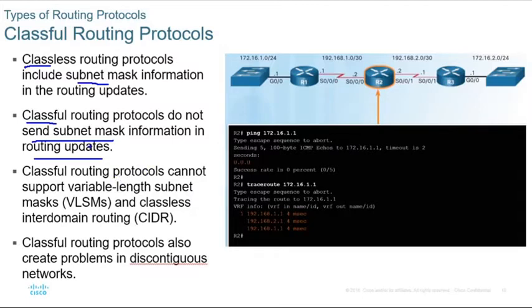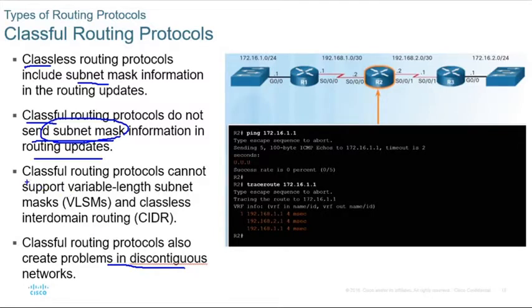The problem with classful routing is that, since the protocol does not include the subnet mask, it can create problems, especially with discontiguous networks. I'm going to give examples of discontiguous networks later.